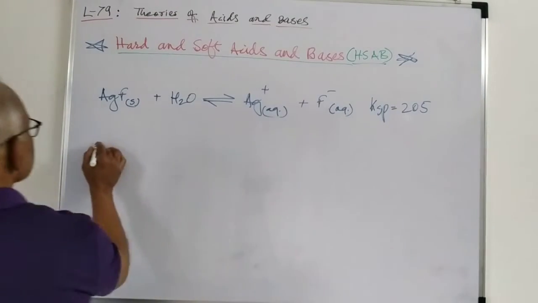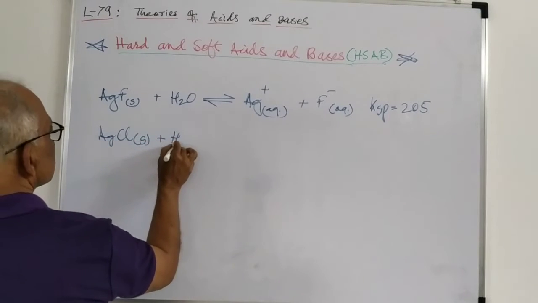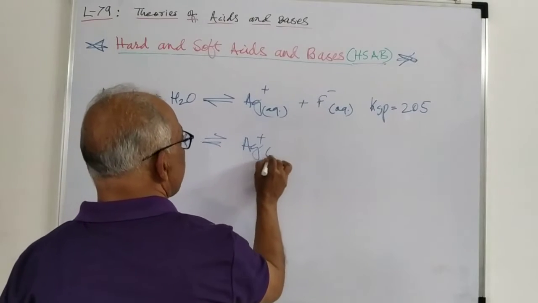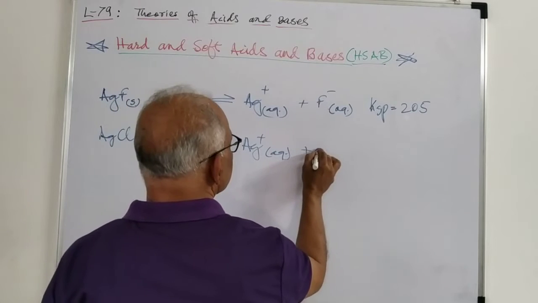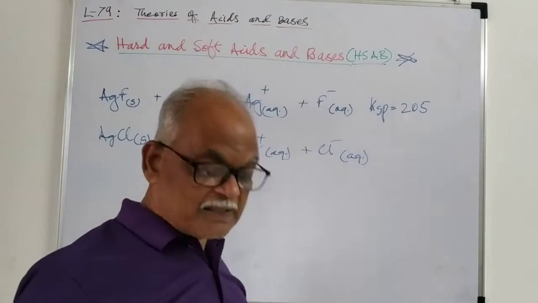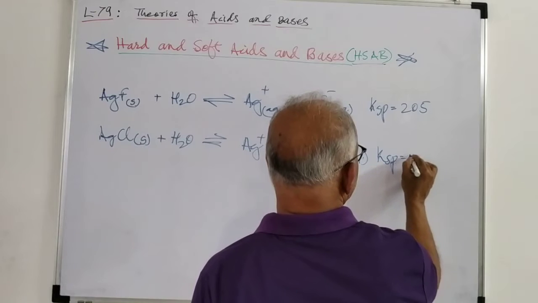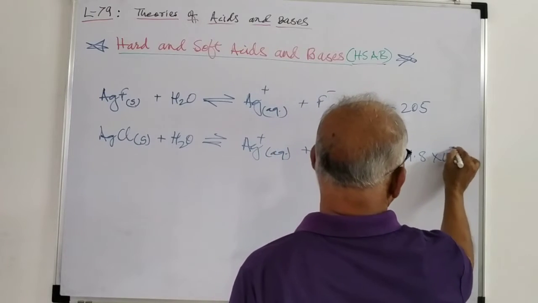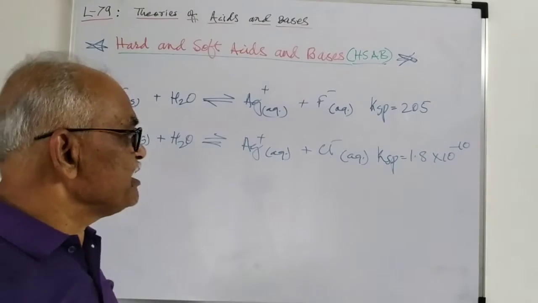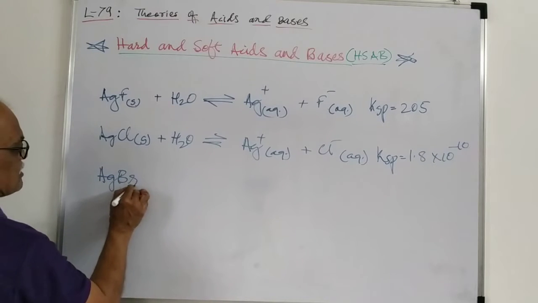Again, second is AgCl. This is also solvated in the same way, giving us Ag+ aqueous plus Cl- aqueous. And here the Ksp value is 1.8 into 10 raised to minus 10. Then the third is AgBr.